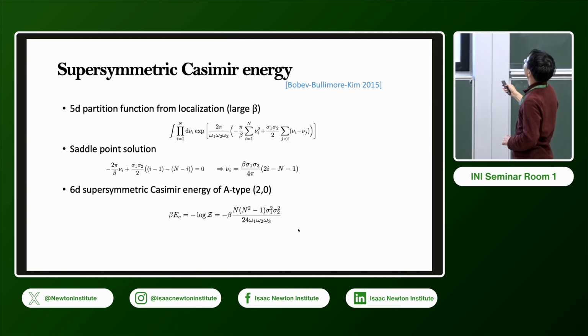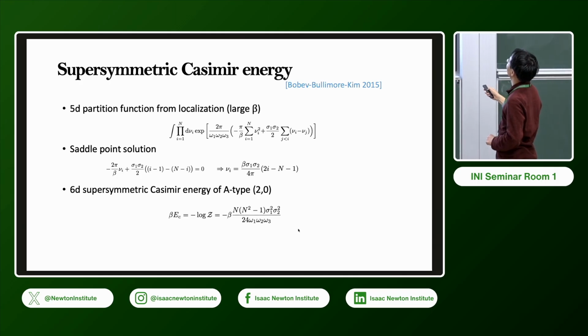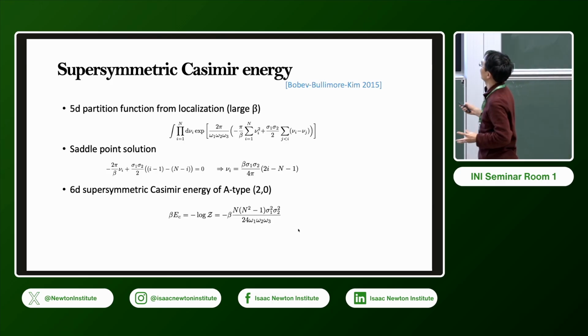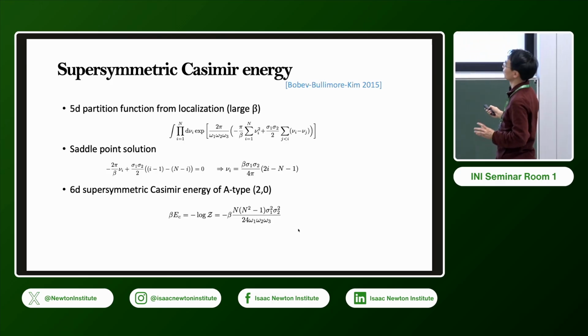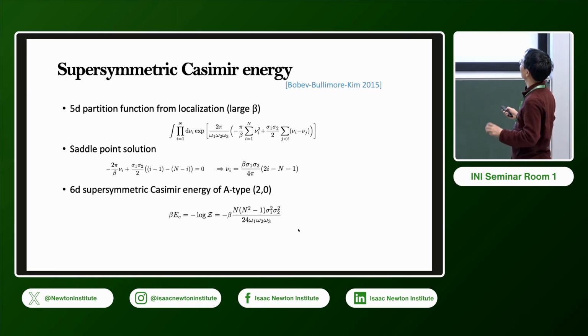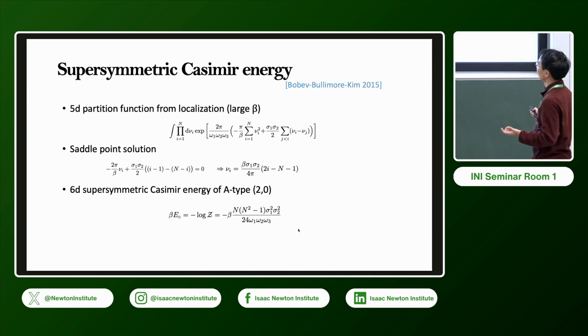In particular, in this paper by Bobev, Bullimore, and Kim, 2015, they beautifully calculated this supersymmetric Casimir energy for the 6D theory, but without defect. The point is as follows: the temperature for the 6D theory is related to the coupling of the 5-dimensional Yang-Mills.